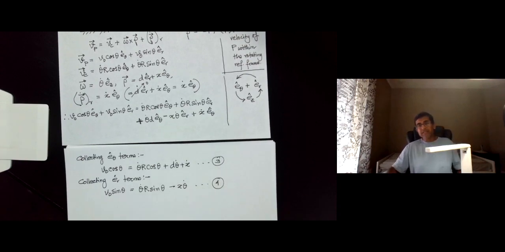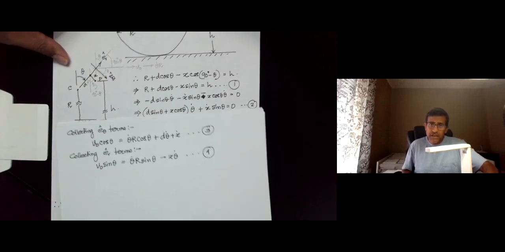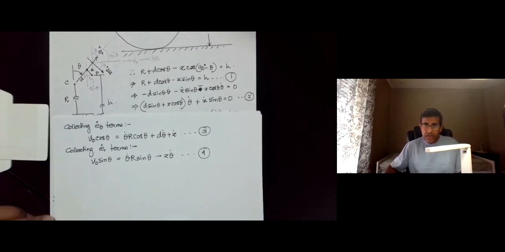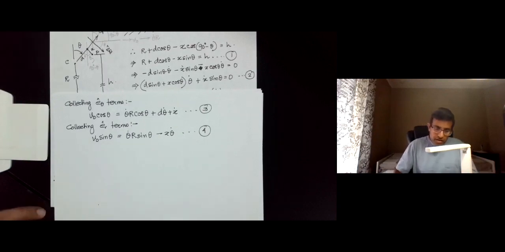So now we are all set, and we will be able to figure out the angular velocity and the linear velocity x dot. So I am going to keep this constraint equation and the second equation in my view as I do the remainder of this derivation.